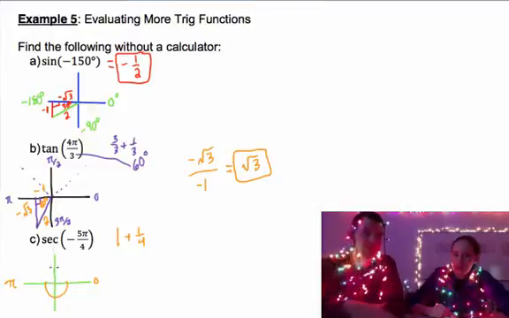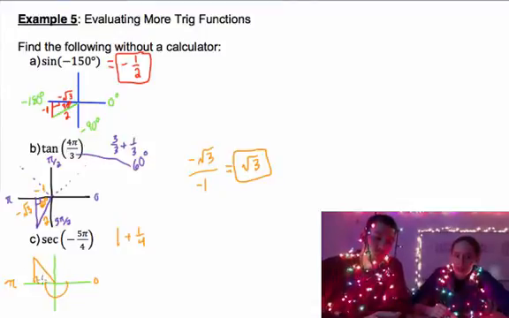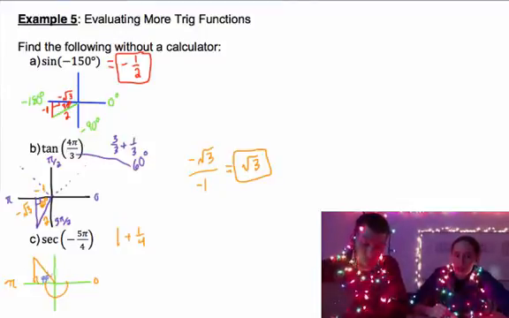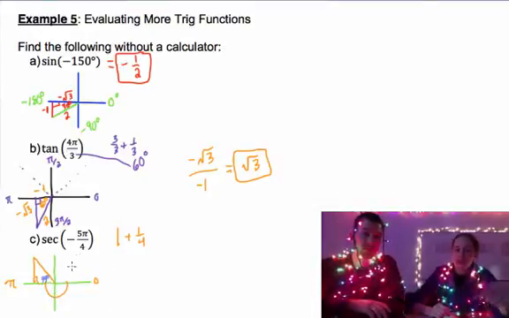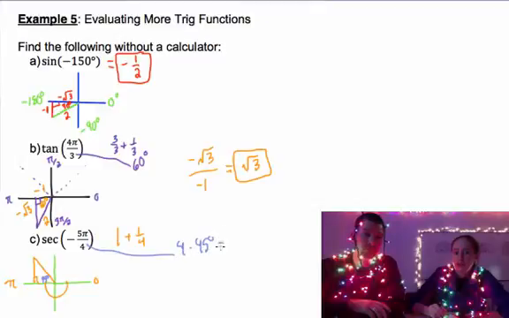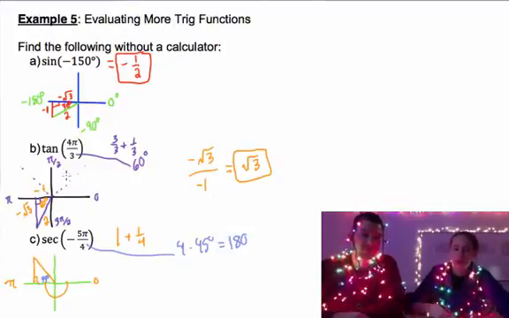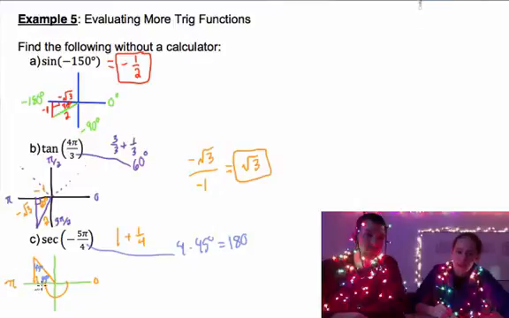So 4 pi over 4 plus pi over 4 is 5 pi over 4. You can't really tell, but that's 45 degrees. So again, 4 times 45 is what gives us 180. So every time there's a 4 on the bottom, our reference angle is going to be 45 degrees.